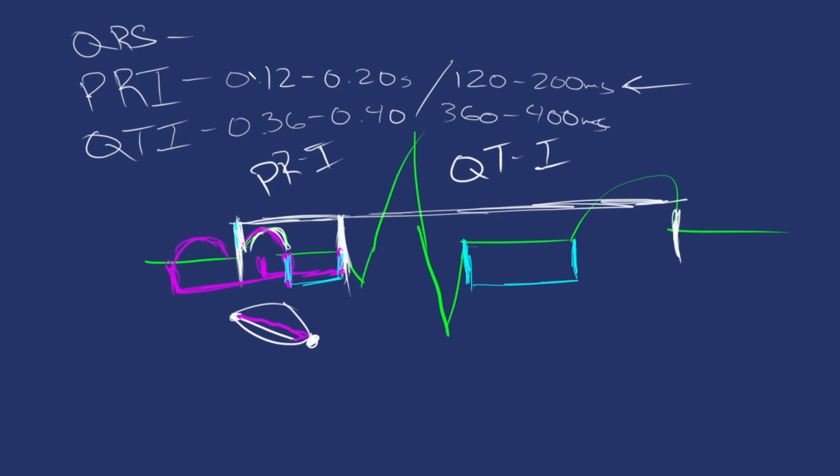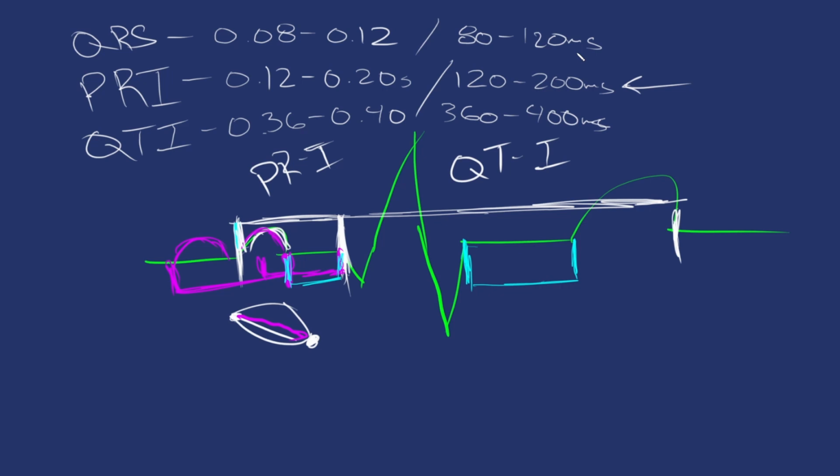And then our QRS is 0.08 to 0.12, or 80 to 120 milliseconds. So these are the 3 important numbers to remember for general interpretation, because if any of these numbers are off, then we have some kind of really big issue going on.